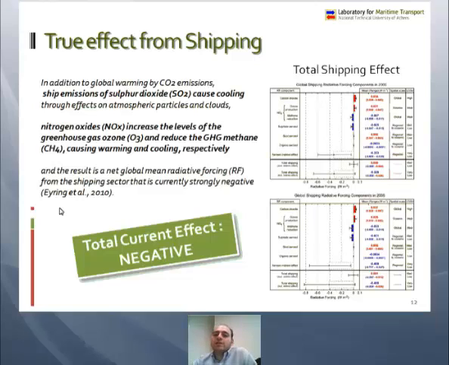NOx emissions also increase the levels of ozone, which is a greenhouse gas, and reduce methane, which is another greenhouse gas, causing warming and cooling respectively. As a result, the net global mean radiative forcing from shipping currently is strongly negative, which means, in plain English, that shipping is not currently causing warming.